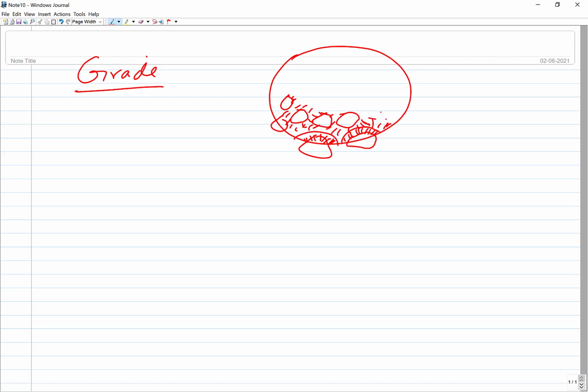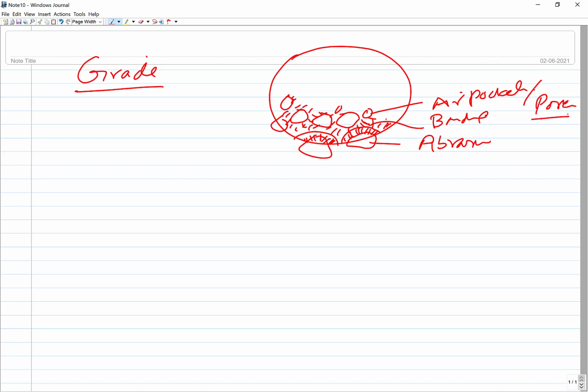So there are three things in any grinding wheel: one is the abrasive, the second is the bonding material, and the third is air pockets, which you can call pores.